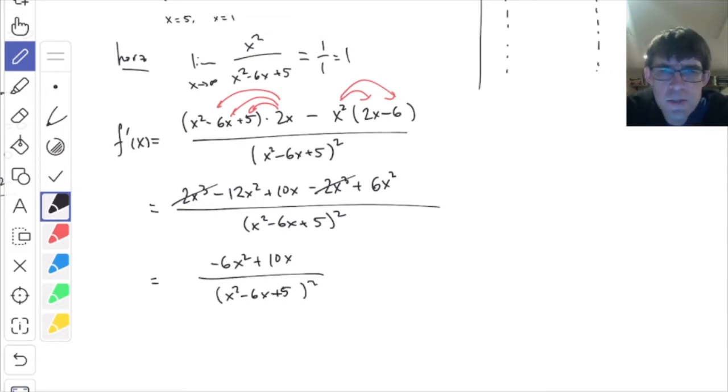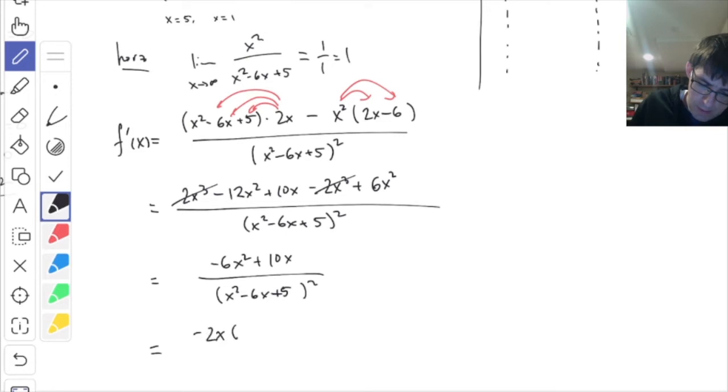And then finally, just one last thing we can do. You can factor out on top 2x, I think. Let's factor out negative 2x. So what remains here would be 3x and then minus 5.